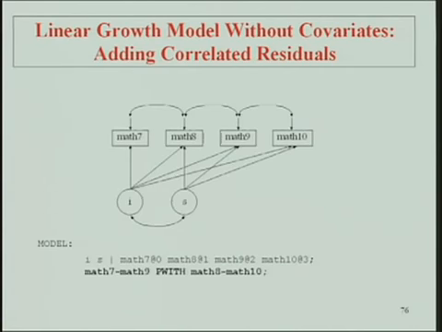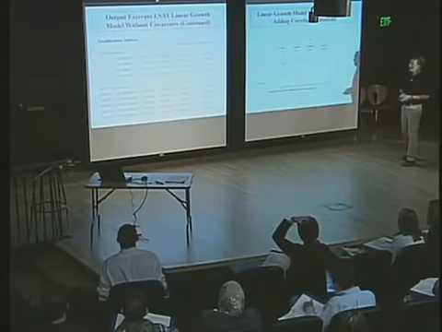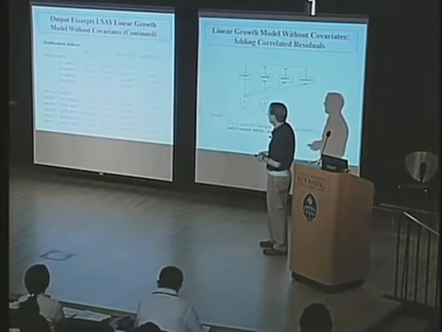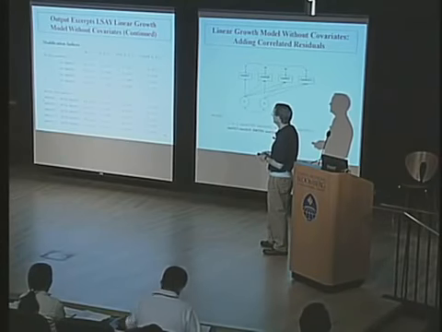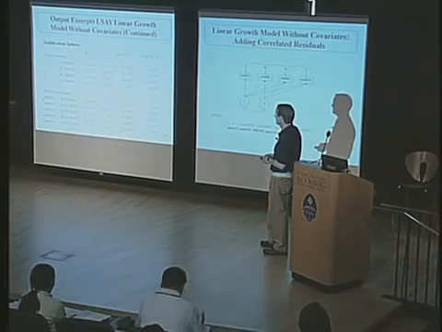Okay, so for those of you who didn't hear that, we're talking about slides 74 and 76. Slide 76 has this inclusion of residual covariances. Slide 74 has the modification indices for the WITH statements.